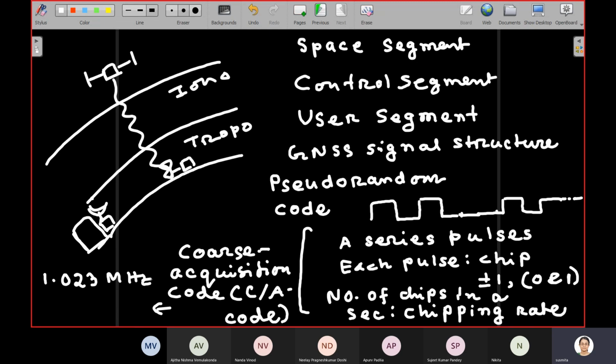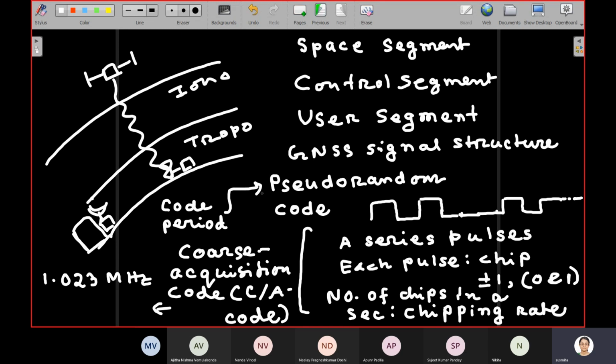Okay, so although they appear random, they are actually not random. That's why it's called pseudo-random. So they have a pattern which repeats after a certain interval. Okay, the interval at which the pattern repeats is called code period.